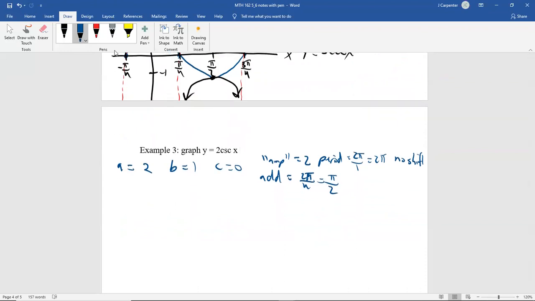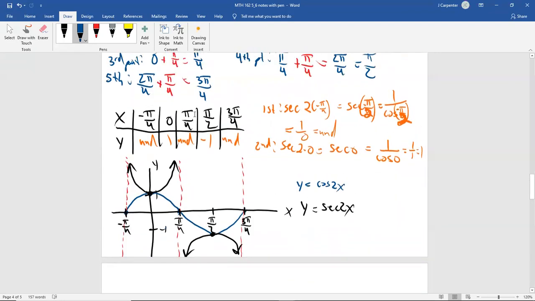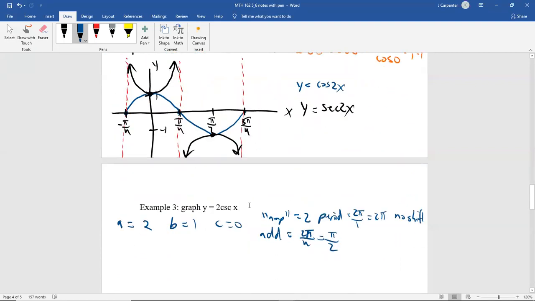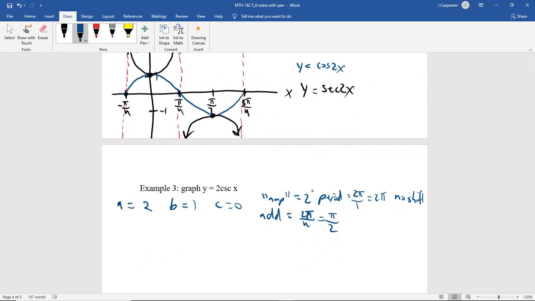All right, so the first x value. Now I know that since we literally just did a secant and it had that weird move left issue, cosecant doesn't. We will be able to start at 0 and go all the way up to 2 pi. So the first x value is 0.